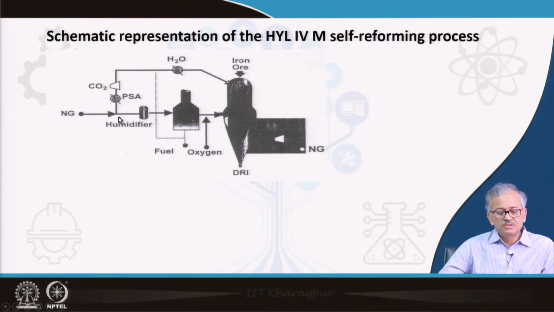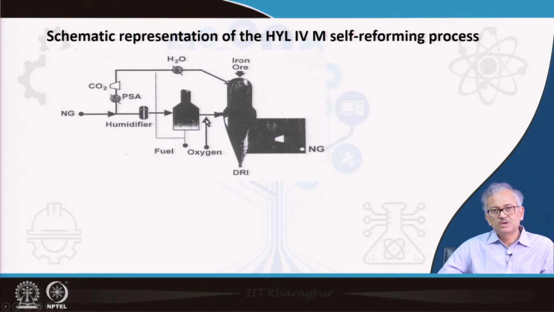There you humidify it, and then it goes to the gas heater. That is very important. In the gas heater you can take some of the off gas and also add fresh fuel to supply the heat to the preheater. Then this gas is preheated to around 900 degrees centigrade, and finally, before entering the reactor, you can see inline oxygen injection.